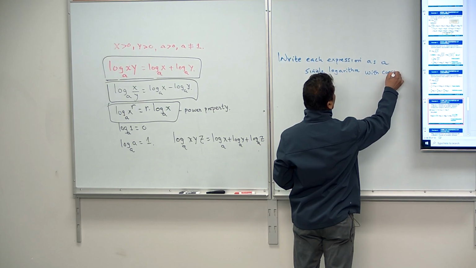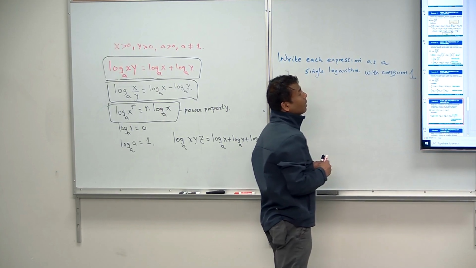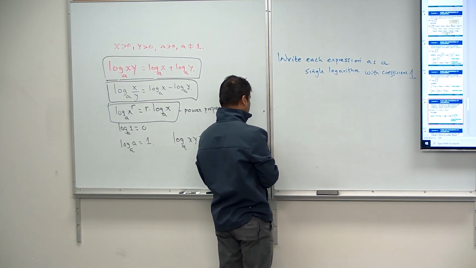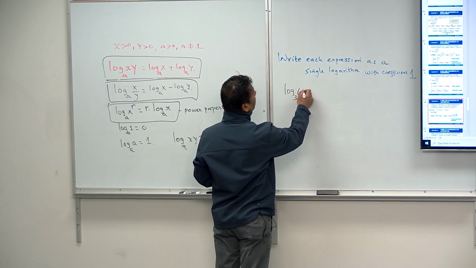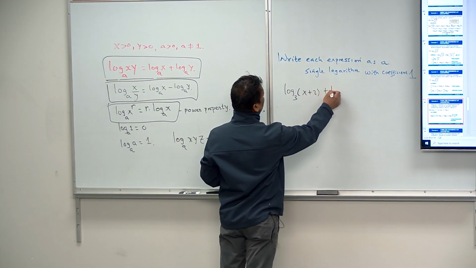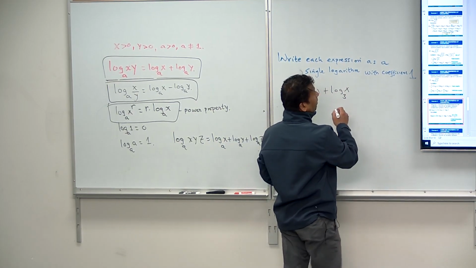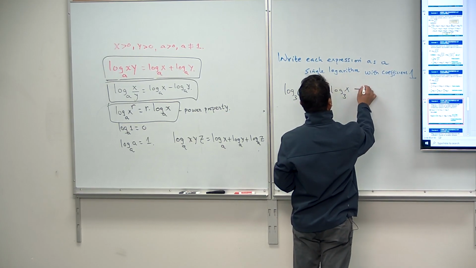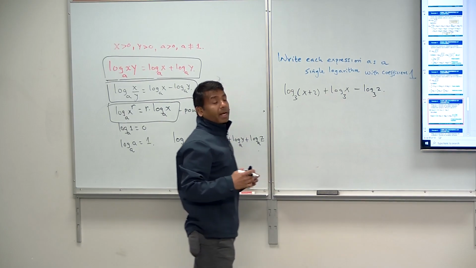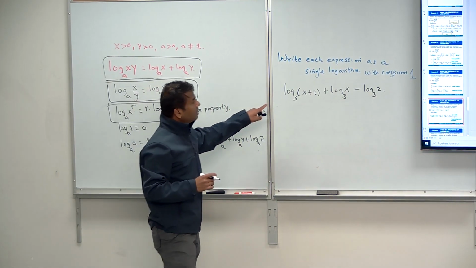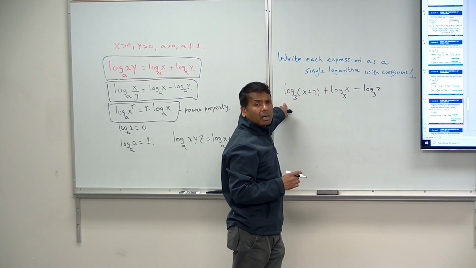Now we have this: logarithm with base 3 of x plus 2, plus logarithm with base 3 of x, and minus logarithm with base 3 of 2. So you have to write down this expression as a single logarithm.